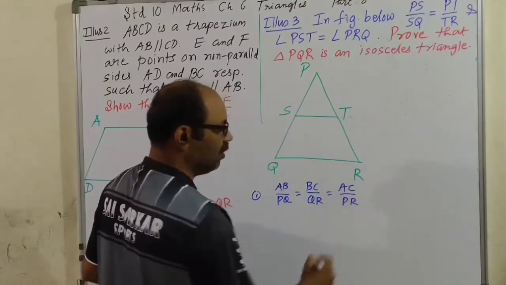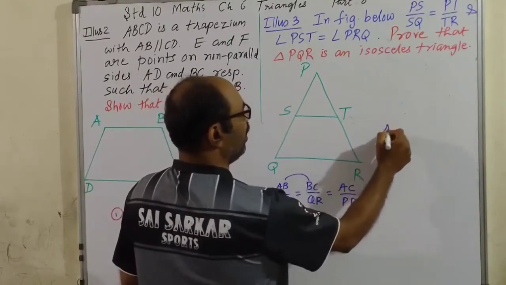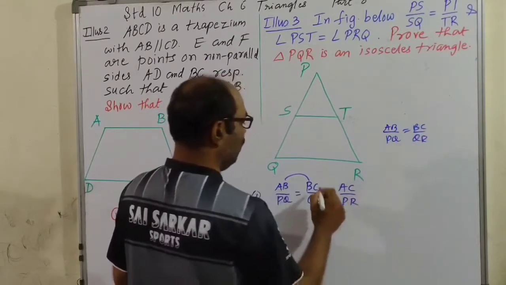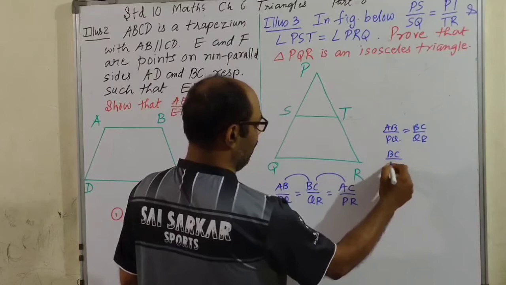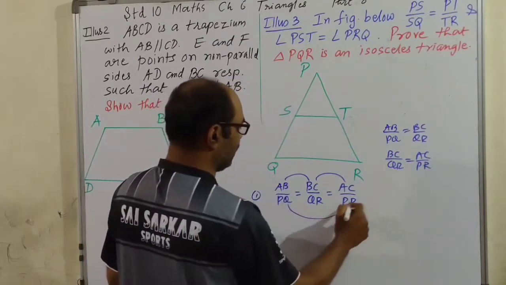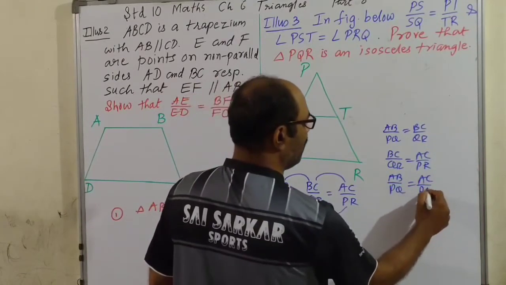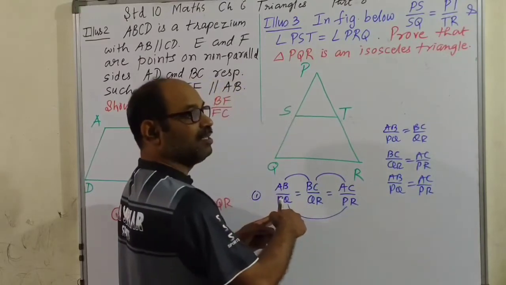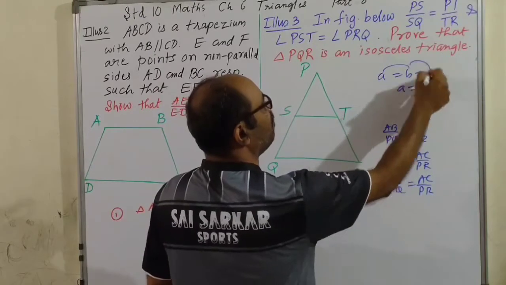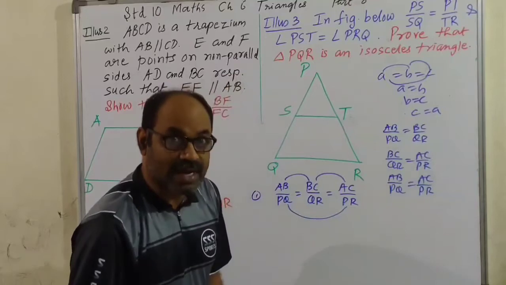We can split this into three parts. AB upon PQ is equal to BC upon QR. This is the second part: BC upon QR is equal to AC upon PR. And this is the third part: AB upon PQ is equal to AC upon PR. So actually from this, A equal to B, B equal to C, and C equal to A, you get three results.